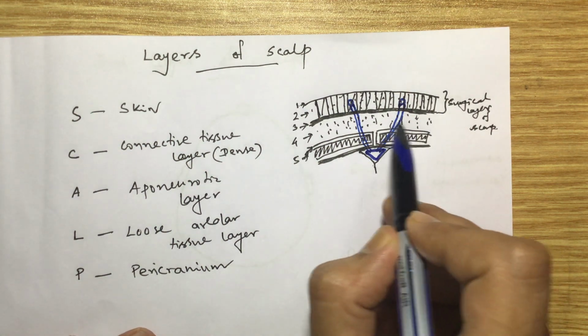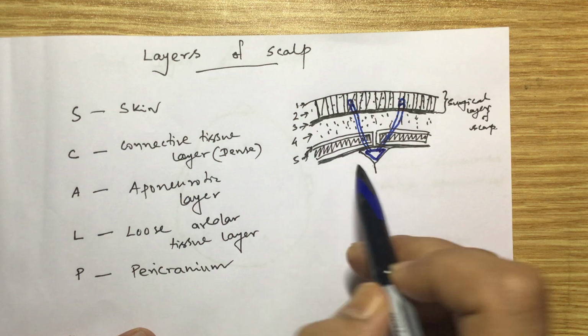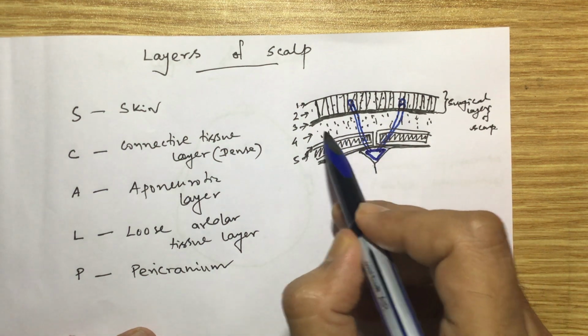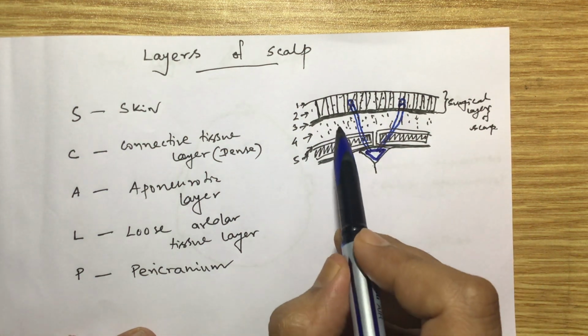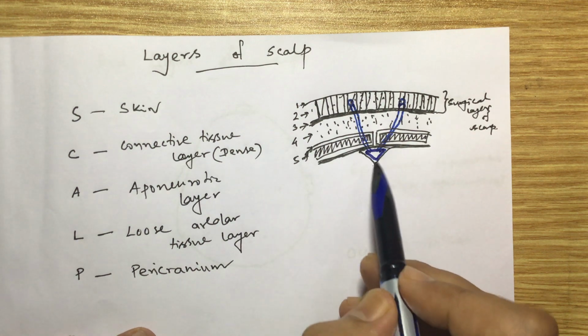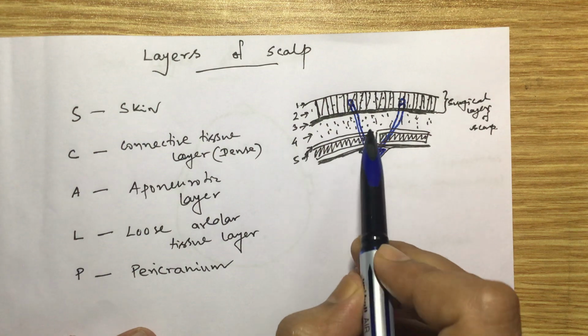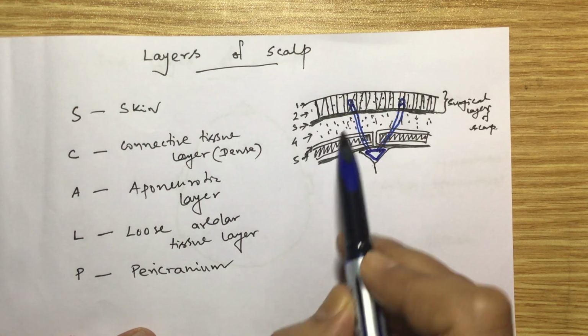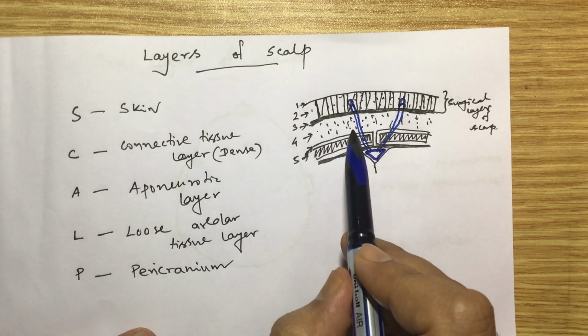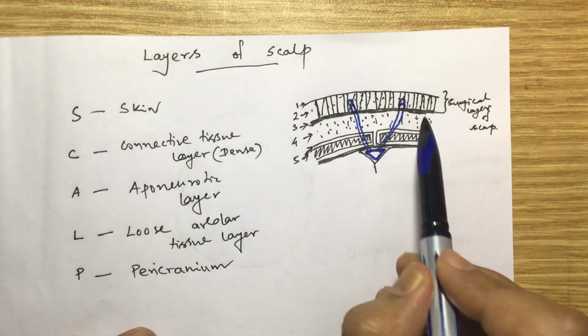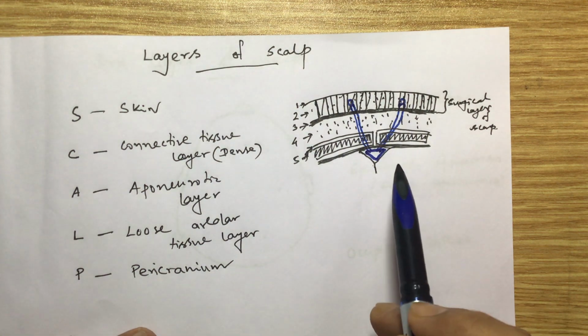They can easily be torn in this fourth layer. And if there is an infection in this layer, that infection can easily travel to the intracranial dural venous sinus. That's why the fourth layer is called the danger layer of the scalp.